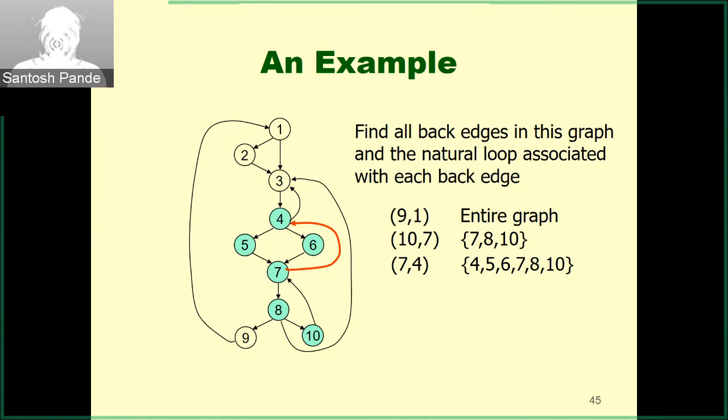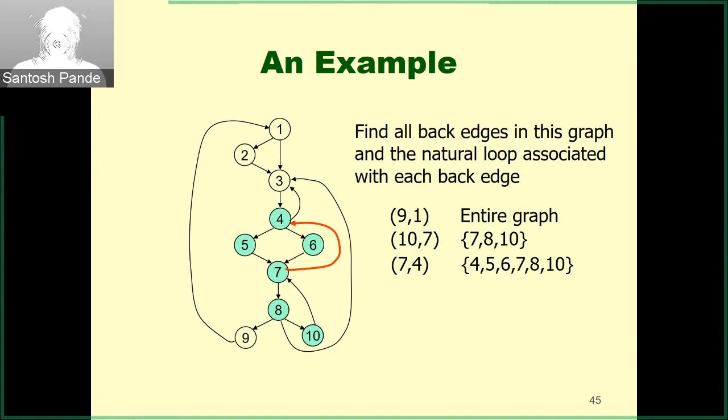Now you can see that this loop is very interesting. The control is coming forward from 4 to 7 along this 5, 6, and so on. And is also kind of circling around 7 without going through 4. And then it goes back to 4 by following the back edge. And in that process, you can see that another loop is being sort of covered there, 7, 8, 10, I'm sorry. And then this control comes back.